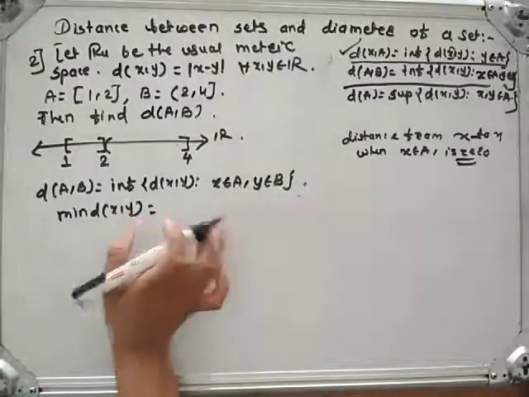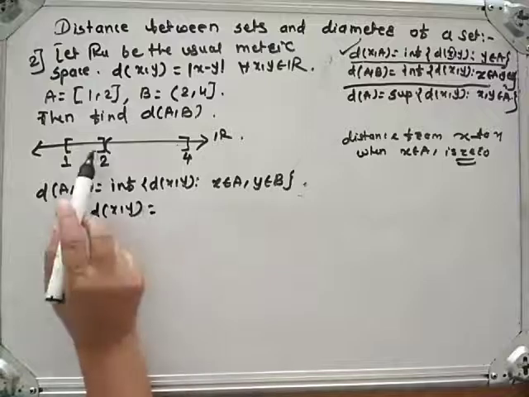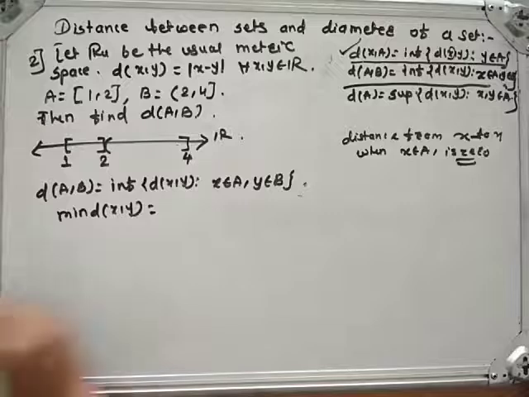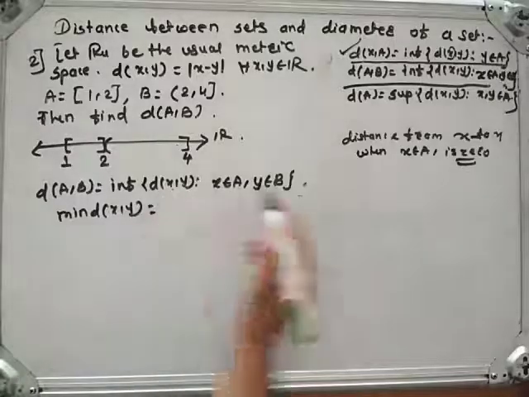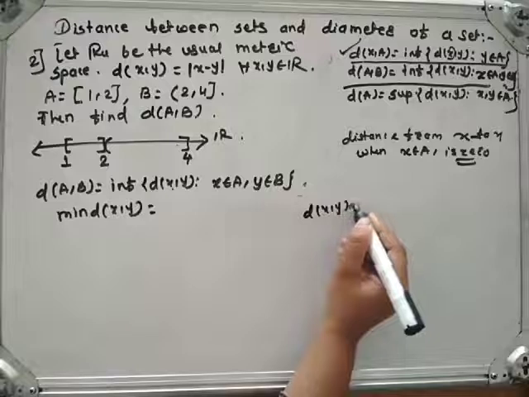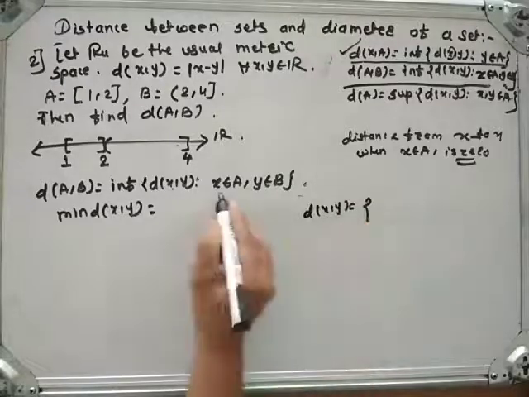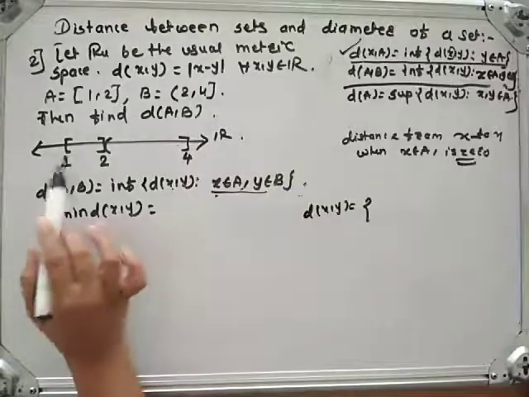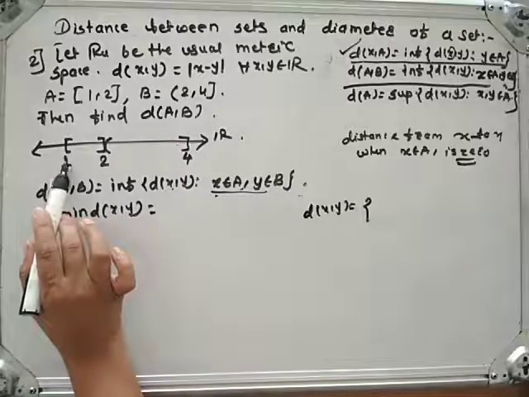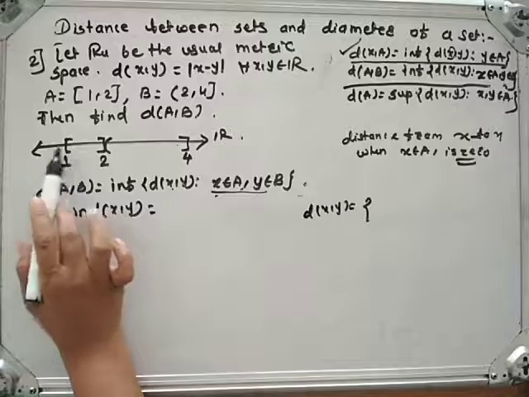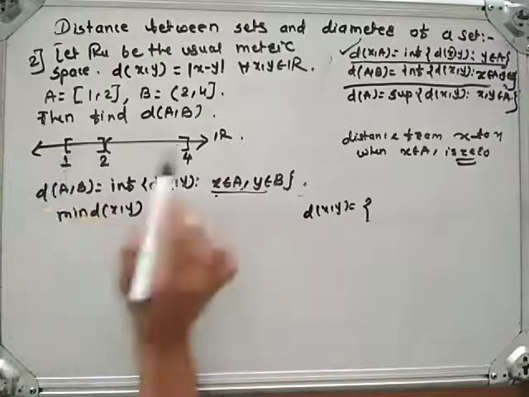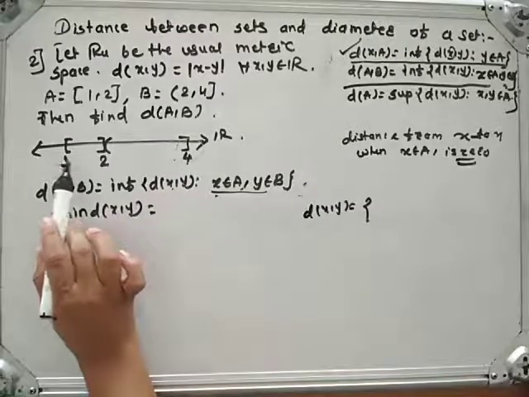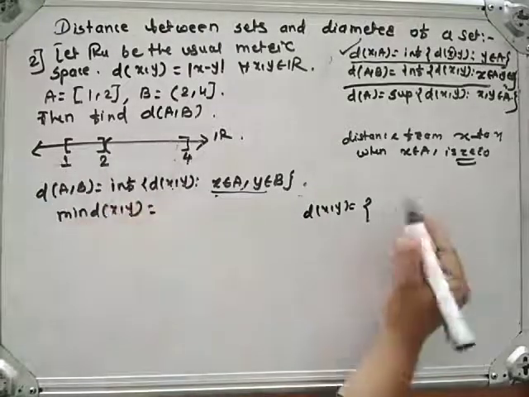The infimum of d of x, y. Here observe that if you calculate d of x, y in which x belongs to A and y belongs to B, suppose you take 1 from set A and 4 from set B, then the distance between 1 and 4 is 3.